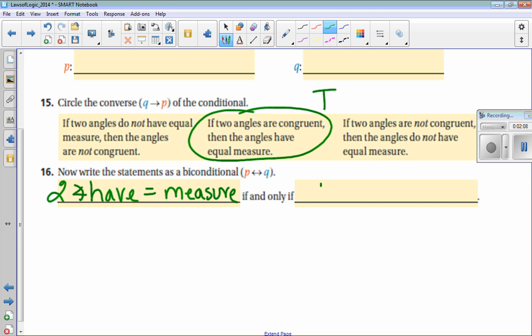They are congruent. It's that easy. Taking a statement, looking at its converse, looking at their truth values, and then writing them as a biconditional. It's that simple. Okay. Now take a break and let's look at your homework for a second.